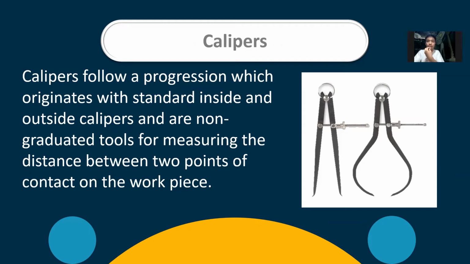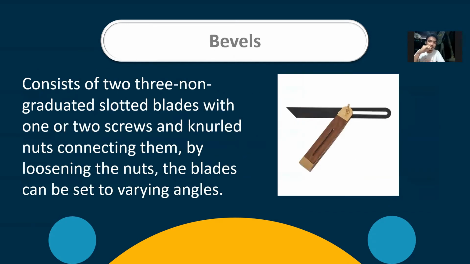And on the other hand, the caliper on the left, parang hole naman siya. So basically, pwede mo siyang mag-transfer ng whole measurement. And the next type is the bevels, which consist of 2 or 3 non-graduated slotted blades with one or two screws or nuts that connect them.